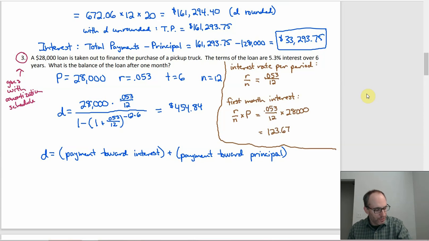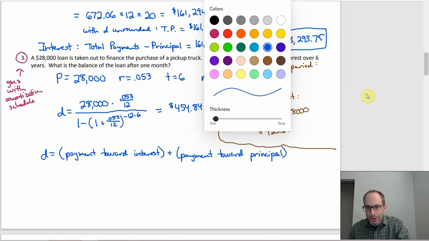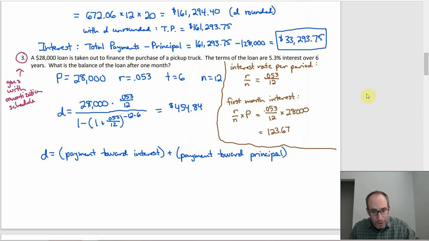All right. So that's what we're going to need, because now what we can do down here is we know what D is, that this is 454.84. And the payment toward interest, well, we'd be paying down that 123.67. And then the remainder of the 454.84 would be the payment toward the principal that would reduce the overall balance, or reduce the outstanding balance.